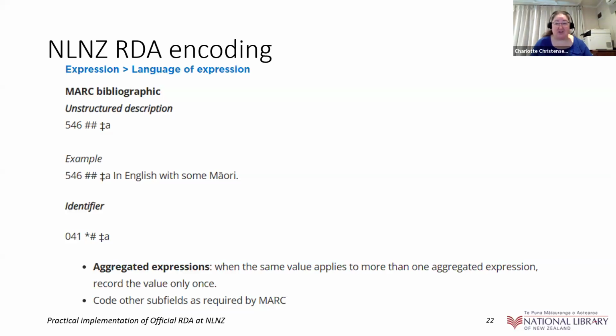Saying once that there's English content is enough. We don't need to do it each time for a short story in a collection, for example. And so what I would do is work through my whole worksheet, check where in MARC I should be recording my values, and key them in, referring to the MARC manual as needed. But we don't need to take the time to do that here.